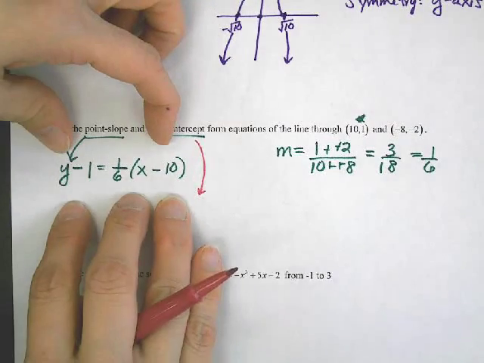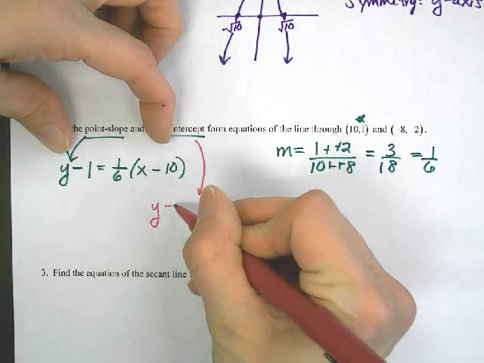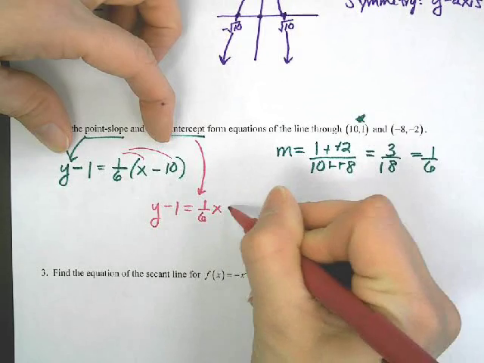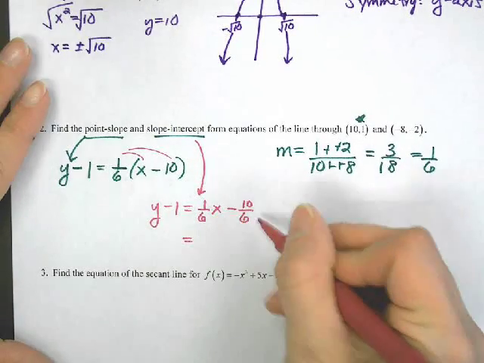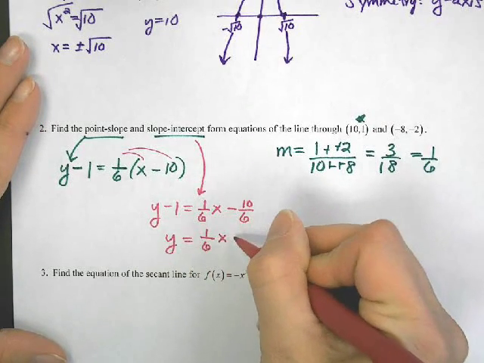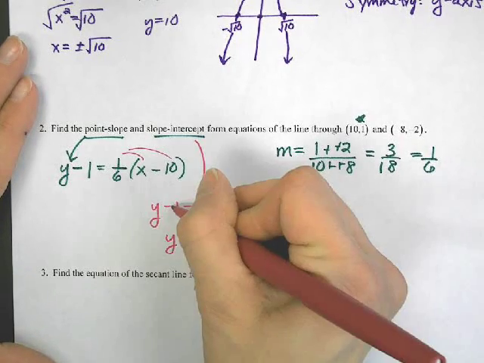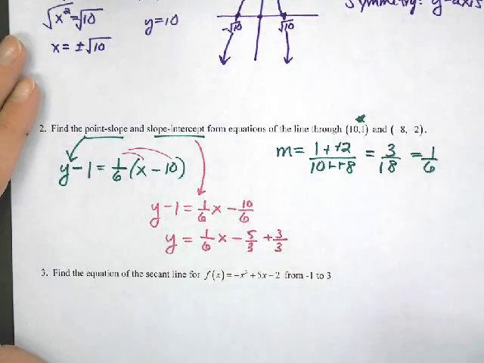So I'm going to take this equation, I'm going to distribute, clean it up. Y minus 1 equals, distribute, 1/6x minus 10 over 6. Well, 10 over 6 cancels by 2, 5 over 3, and I'm going to add the 1, so plus 3 over 3.